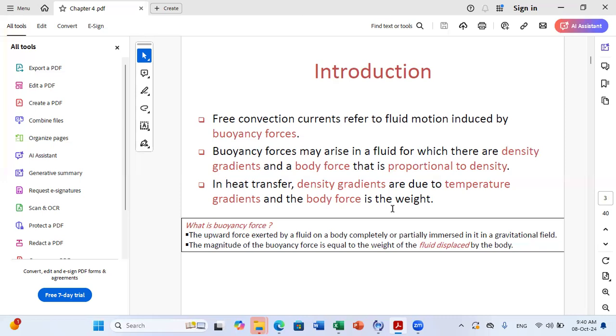This is a general definition of a buoyancy force. In fluids, you will take, for example, a buoyancy force that will lift the object up. In this course of heat transfer, the buoyancy is due to density gradients created by temperature gradients.